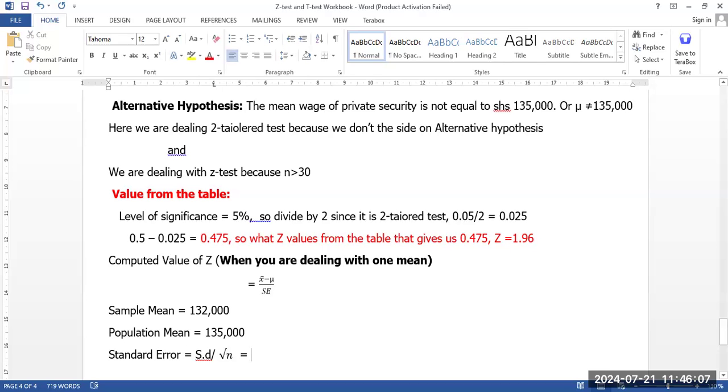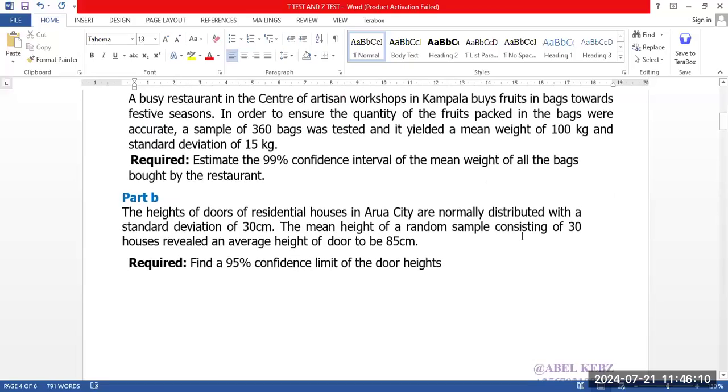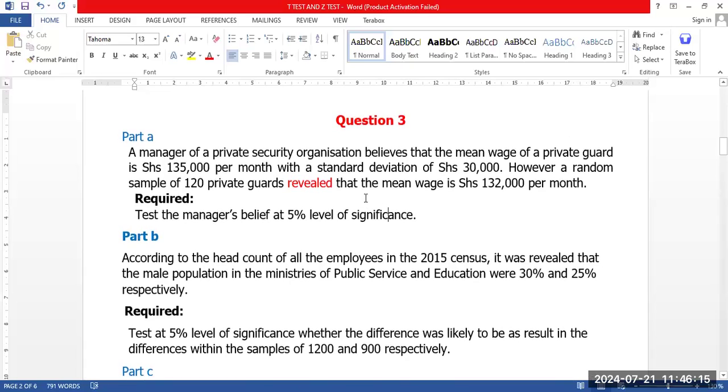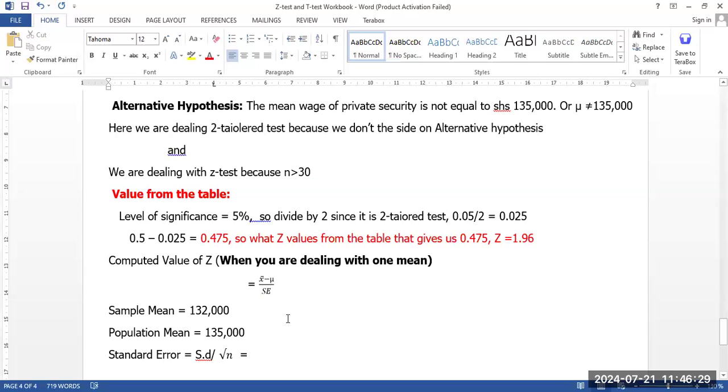Yes, it is 30. Just take what you're given.